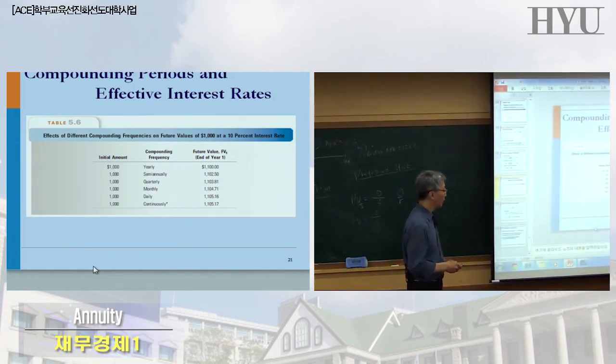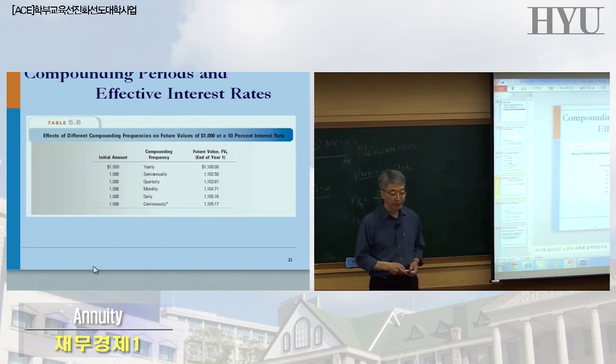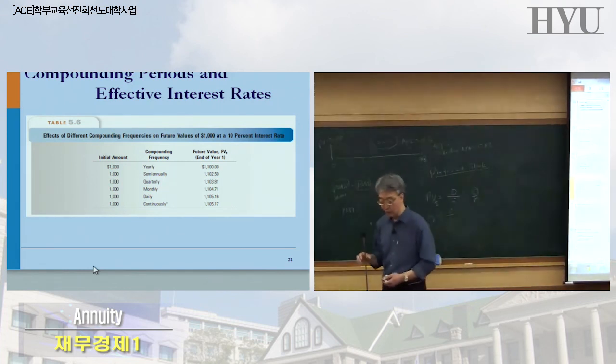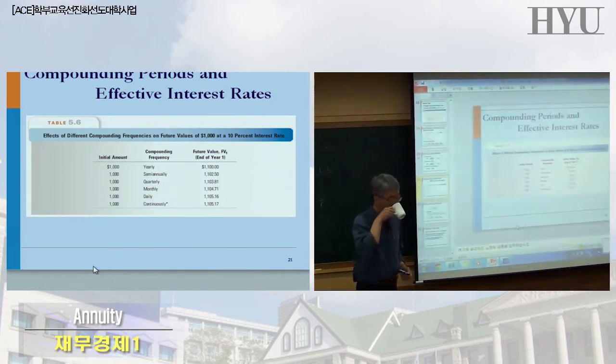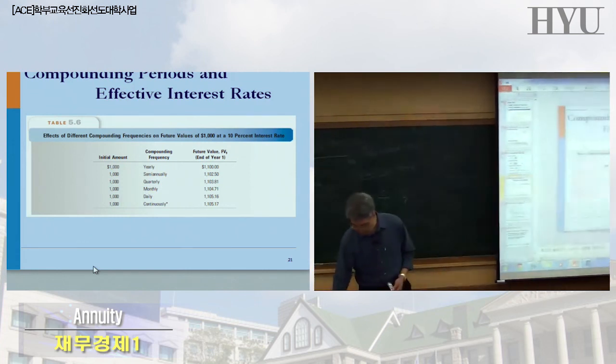And there you can see that the more frequent the compounding, the smaller the present value, because in other words, the effective discount rate becomes larger, okay? All right.